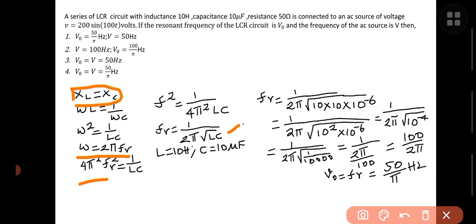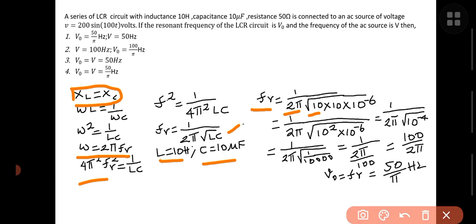Now we have the data. L is equal to 10 Henry, capacitance C is equal to 10 microfarad. Substituting the values of L and C in the resonant frequency formula, we get 1 by 2 pi square root of 10 into 10 to the power minus 6.